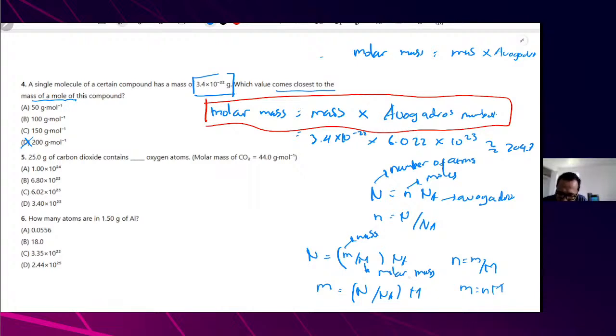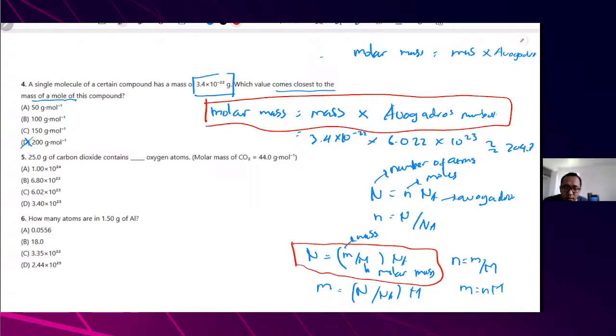This is the molar mass. So I would say we can use this one.